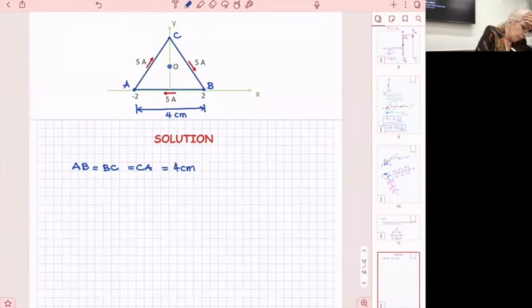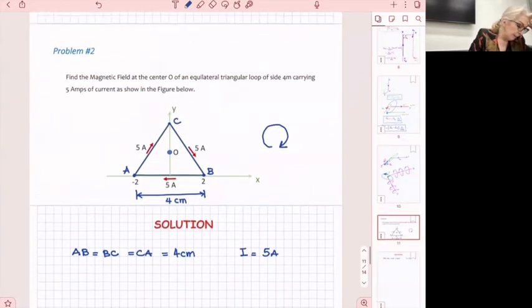The current flows like this, and it's 5 amps. And we want to find the field at the center of the equilateral triangle.